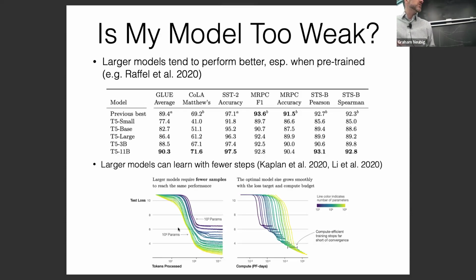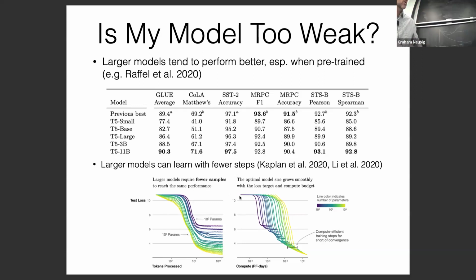One really interesting phenomenon is that larger models can actually learn faster, or at least with fewer steps, than smaller models. This is an interesting example from a very influential paper on neural scaling. Basically, the darker purple ones are smaller models and the yellow ones are bigger models.